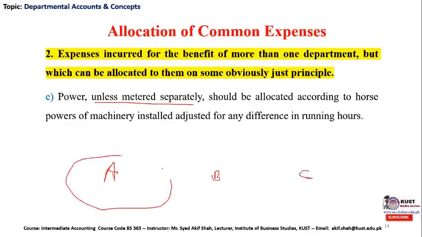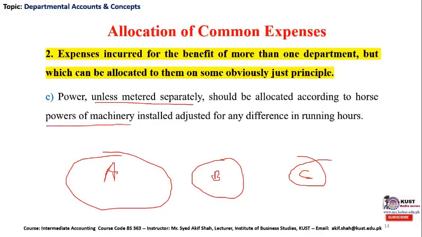If the meters are separate, we will have a specific electricity consumption for each department, and there will be no confusion about how to allocate this expense in the profit and loss statement of each department. Otherwise, it should be allocated according to the horsepower of the machinery used. If there is no separate meter, we have to measure how many horsepower Department A is using, how many horsepower Department B is using, and similarly C, and then adjust for the difference in running hours as well.